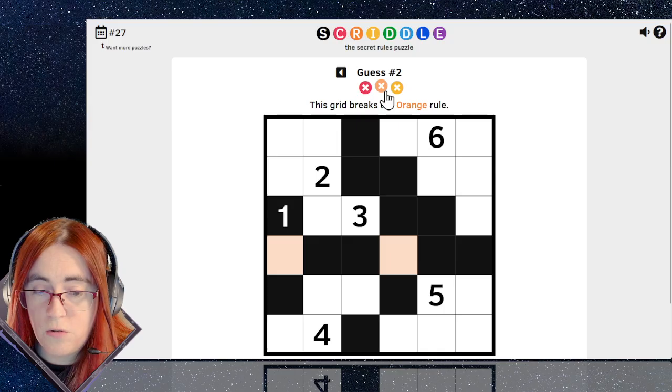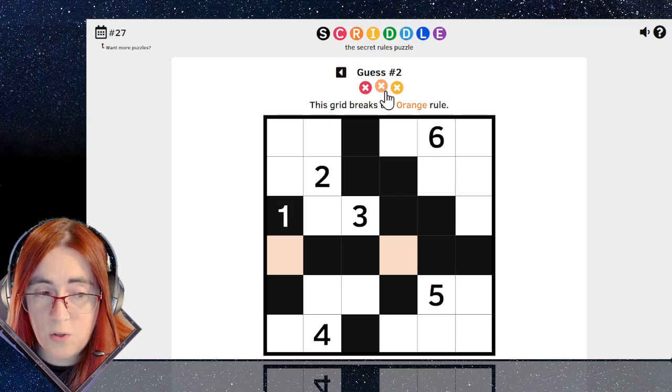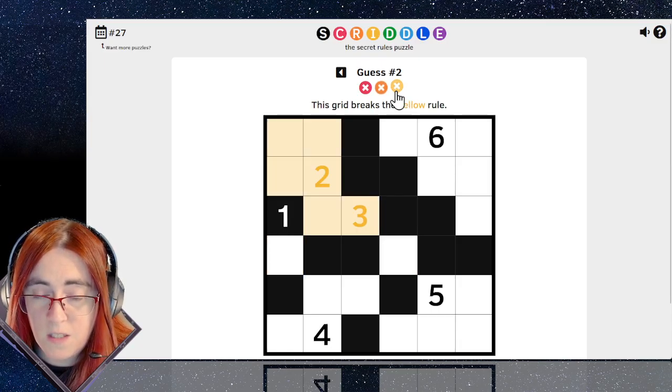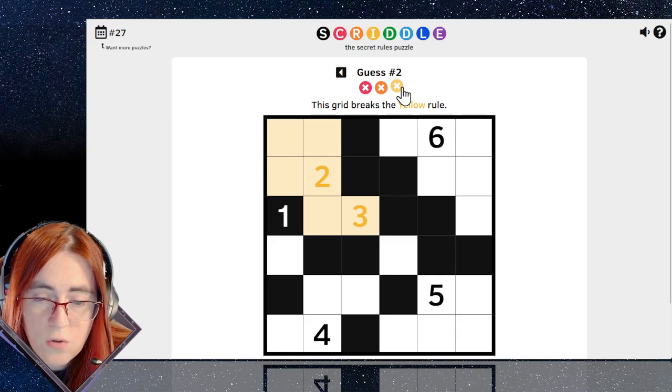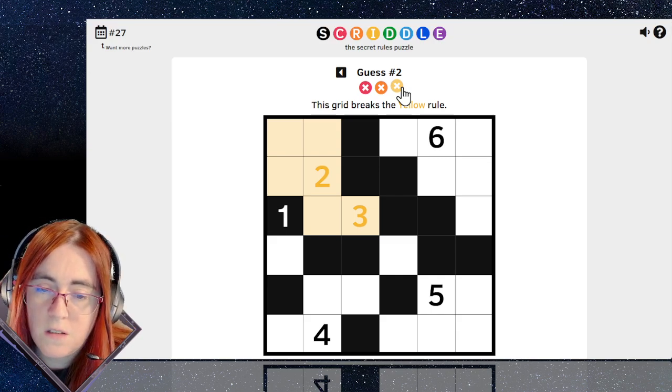The orange rule... this is consistent with what we thought for the orange rule, that no unshaded area could be rectangular. And we've broken the yellow rule. And presumably the yellow rule is that we can't have two numbers in the same area.